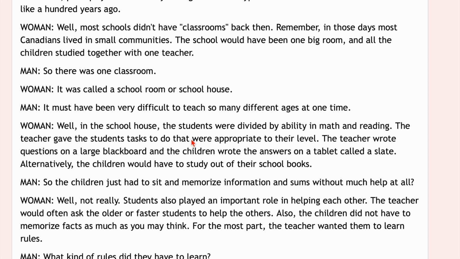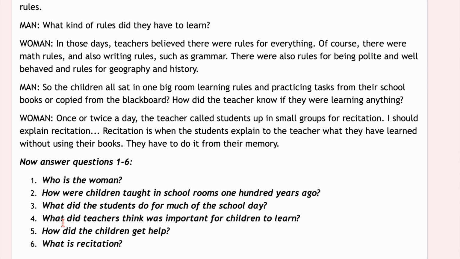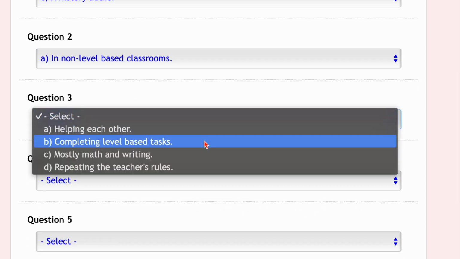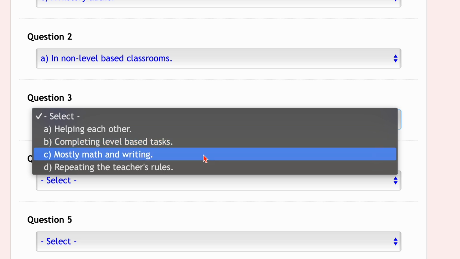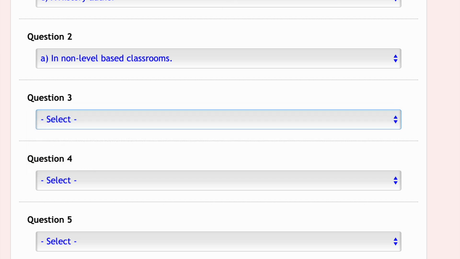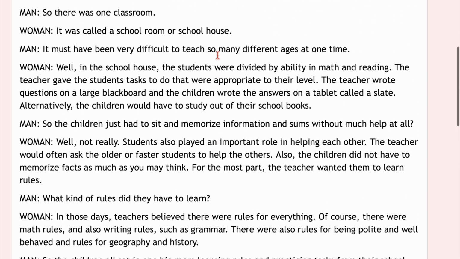And what about number 3? What did the students do for much of the school day? Helping each other, completing level-based tasks, mostly math and writing, repeating the teacher's rules. Okay, so I think we read that one already.